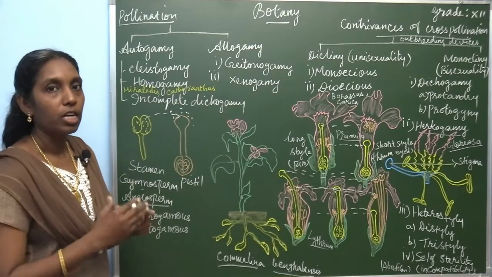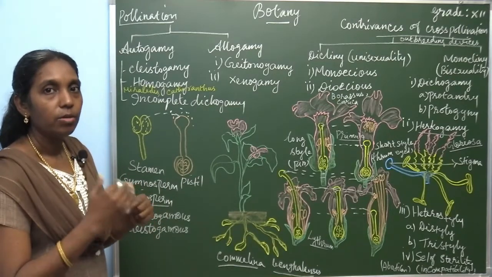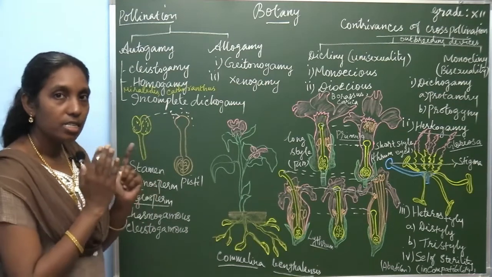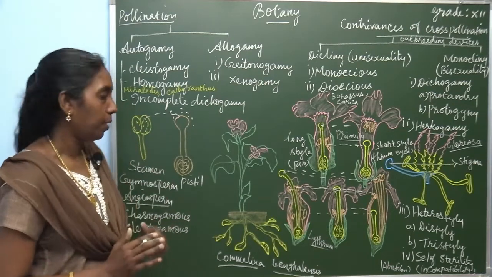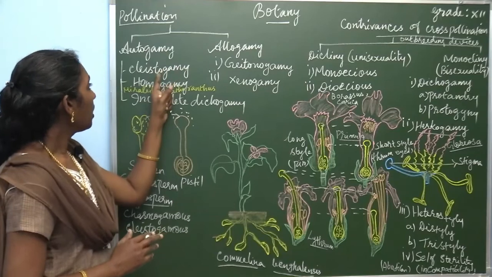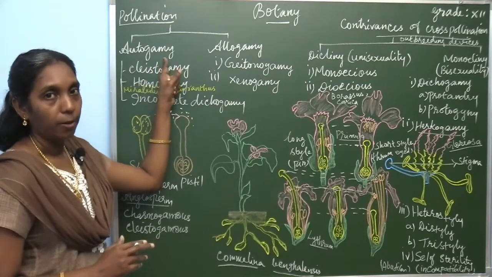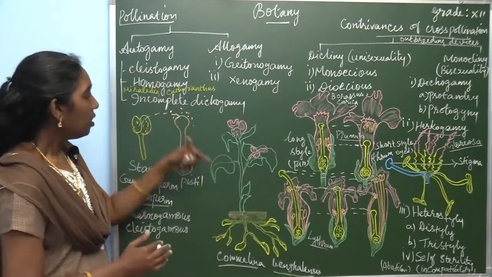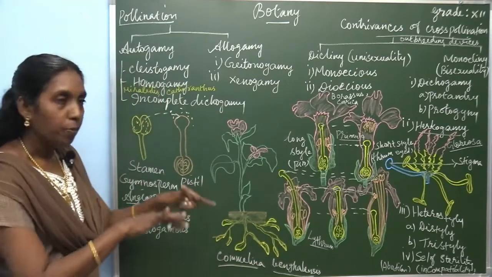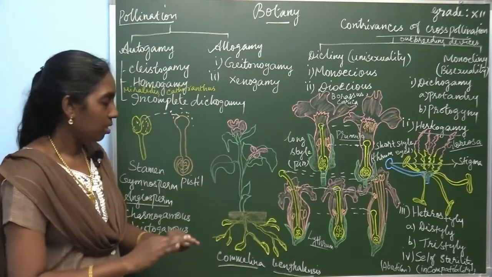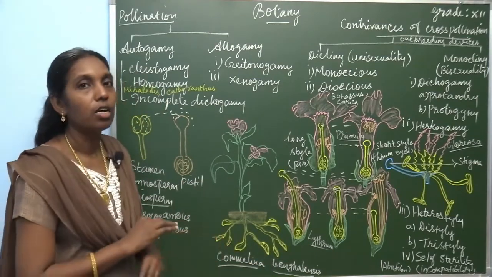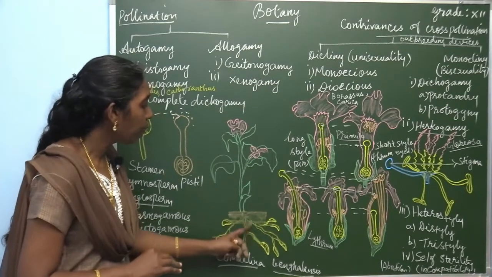To promote pollination, the androecium and gynoecium are present in the same flower of the same plant. So, self-pollination or autogamy.